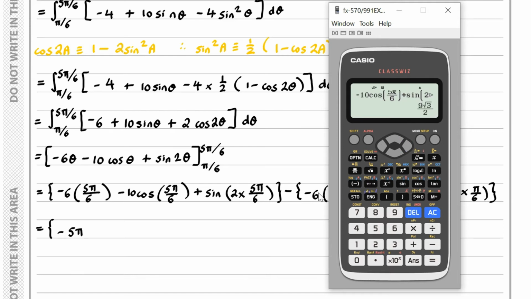So it turns out we get 9 root 3 over 2. So here we've got 9 over 2 root 3.